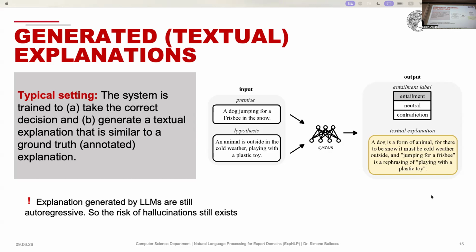So we can train the model to predict this label as well as produce a text explaining it. And here the model predicted the label and also gave us some explanation for the reason behind it. Note that this explanation is also autoregressive, and there still exists the risk of hallucination here.